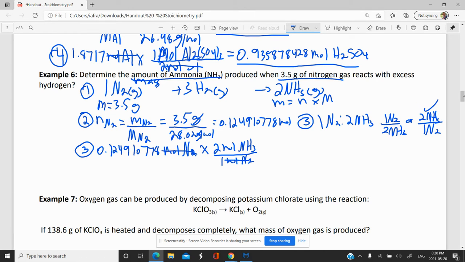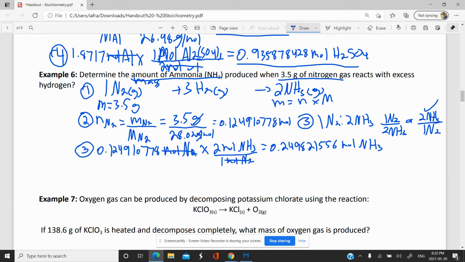Moles of N2 cancel out, and we're just multiplying our moles of N2 by 2, and we get 0.249821556 moles of NH3 produced. We're almost done.